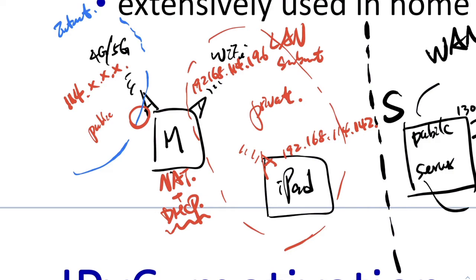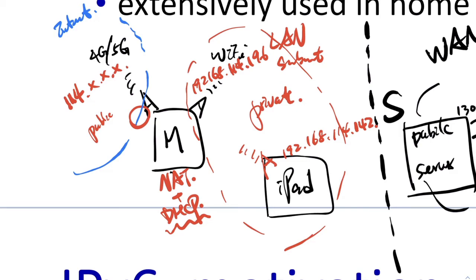And when the iPad wants to talk to some public server on the internet, it will use the private IP address and pass through your mobile phone, and your mobile phone will serve as a NAT server and use the public IP address, for example right here 114.blah blah blah, and the packet goes to the internet. So your hotspot is very convenient for you to share your network with some of your devices.